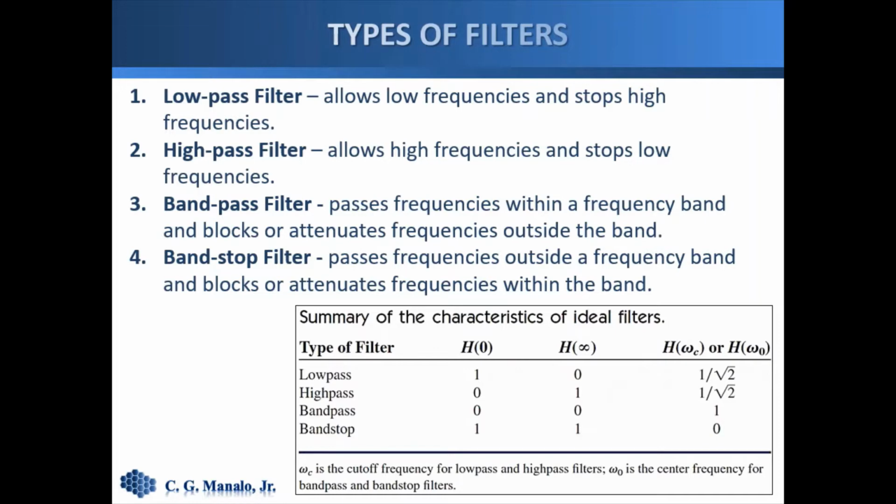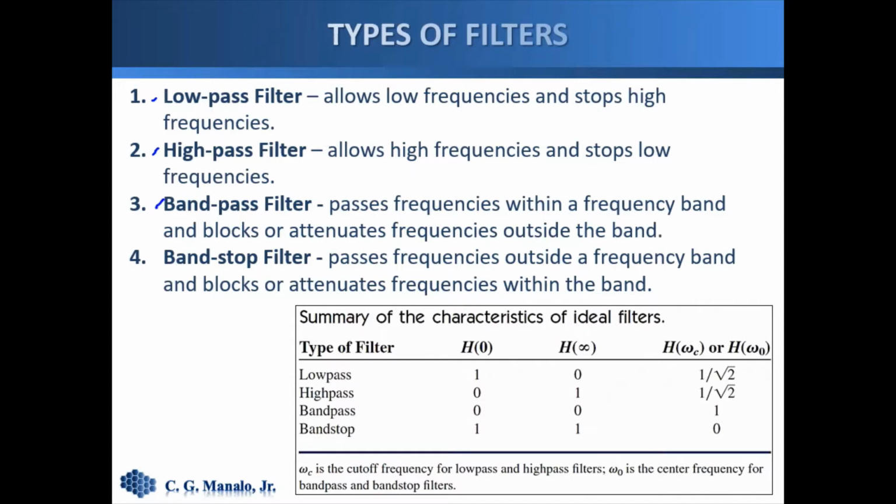Filters can be categorized in four classes. We have the low pass filter, which allows low frequency signals and blocks high frequency signals. The high pass filter is the opposite of the low pass filter. It allows high frequencies but stops low frequencies.